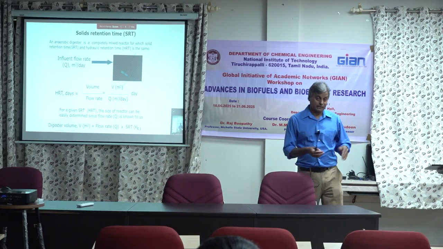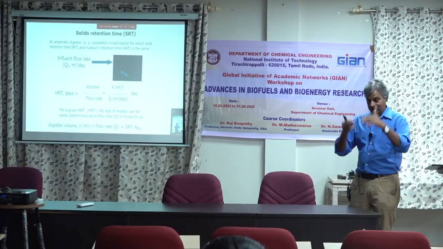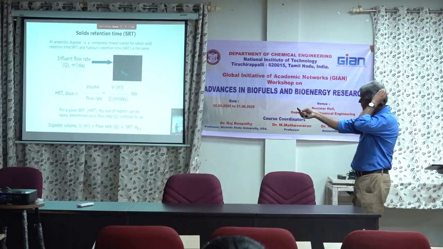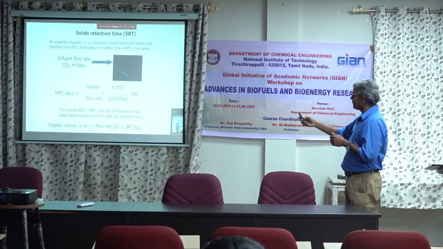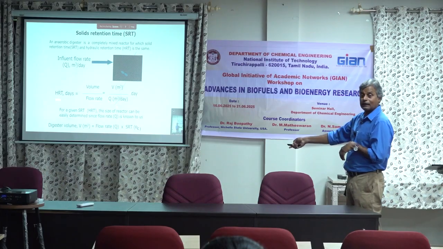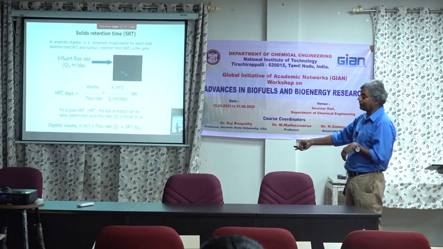But if you don't mix it, it goes through plug flow mode, like in filters, and you keep your sludge as long as possible. HRT in days equals volume divided by flow rate. The volume is in cubic meters and the flow rate in cubic meters per day, so the units cancel. Divide the volume by the flow rate and you get the hydraulic retention time in days. Very simple. That's the formula you need.